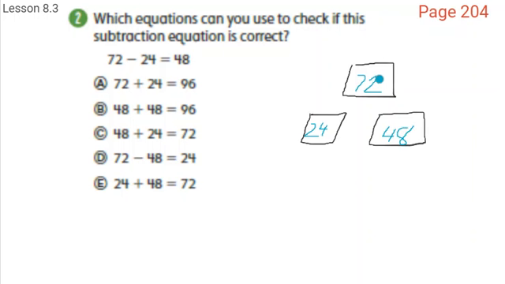If you say 72 plus 24, wait, that doesn't make sense. So that's probably not it. 48 plus 24 is 72. That looks close. 72 minus 48 is 24. 24 plus 48 is 72. So just remember how you work the number bonds, and that will help you with these types of problems right here.